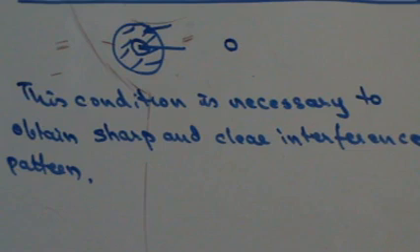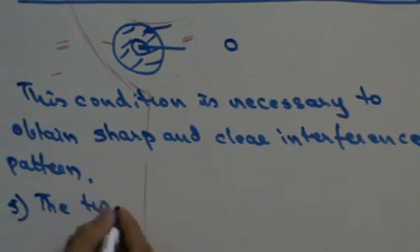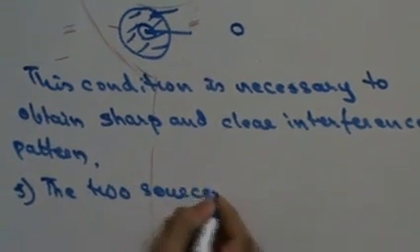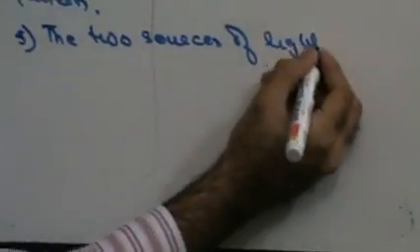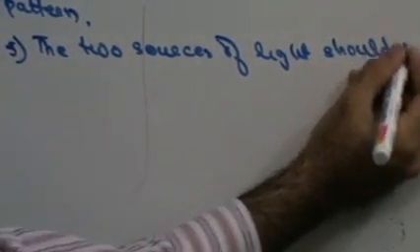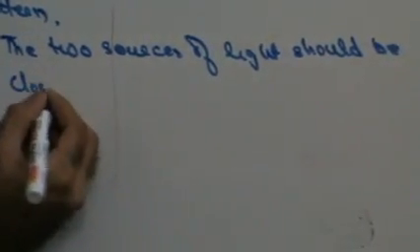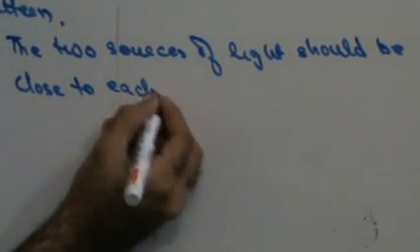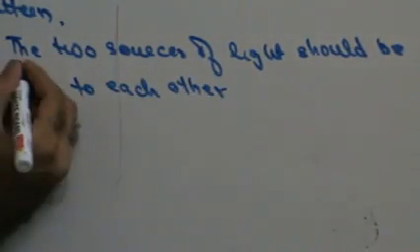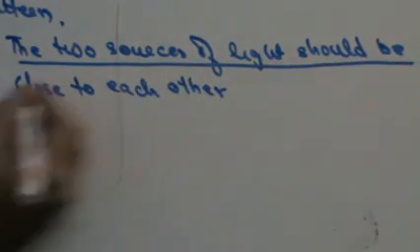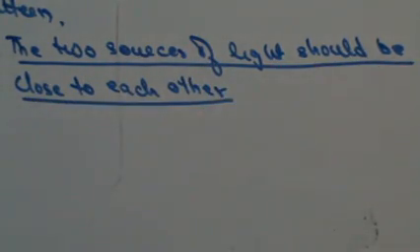Next, last, the two sources of light should be close to each other. This condition is necessary to produce sufficient separation between the two regions.